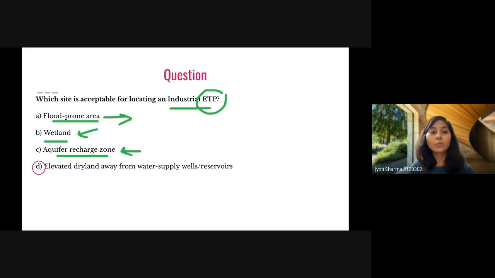So we do not want to mix it either with the groundwater or the river water. That's why we can't locate our ETP at such kind of location, but it should be on dry land, away from a water supply well or reservoir. That's why D is the right answer.